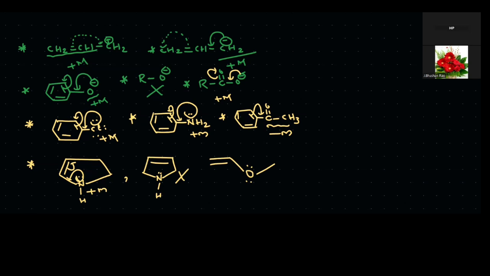Now this group alone acts as a plus M group only. Next. There are two sigma bonds present between them. There is no conjugation. Here also there is no mesomeric effect. Next, another one.